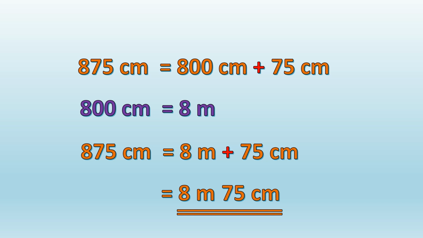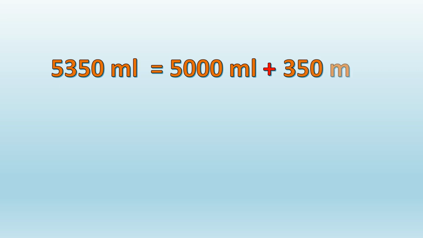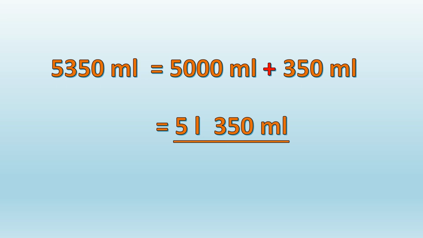Isn't it? Let's see an example. When expressing 5,350 milliliters in terms of liters and milliliters, we write it as 5 liters and 350 milliliters. Dear children, let's do this exercise to recall what we have learned in this lesson.